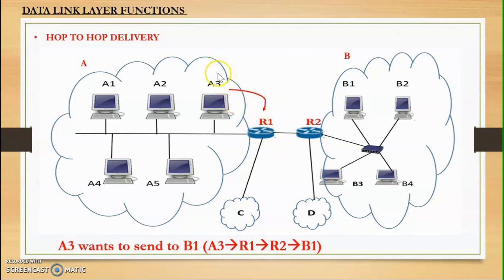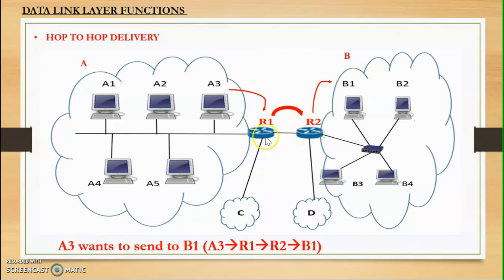It is not concerned with delivering the data from source to destination. That work is of the network layer. But it is only concerned with delivering the data to the next hop. Now once data reaches R1 or router 1, R1 may be connected to more networks. But using its routing table, R1 will check to which network or to which router B1 is connected to and accordingly send the data.